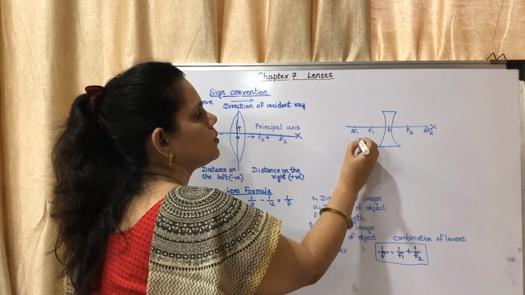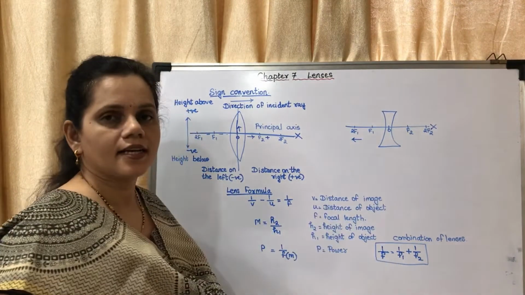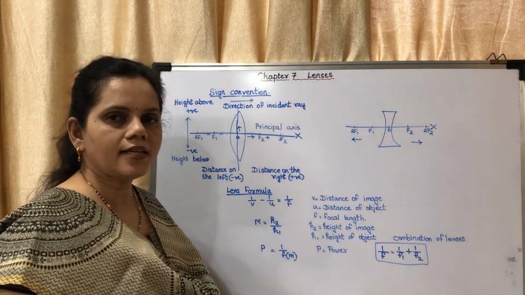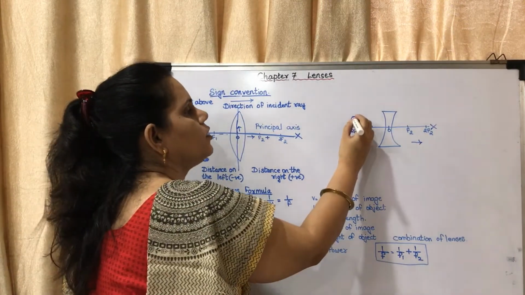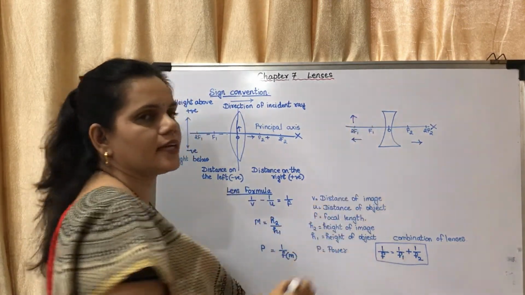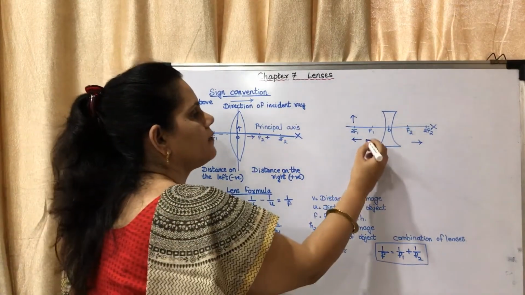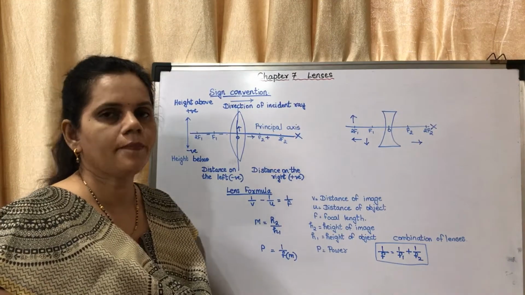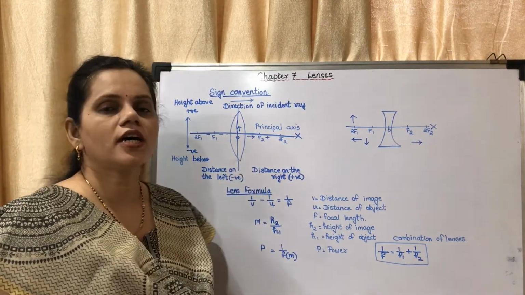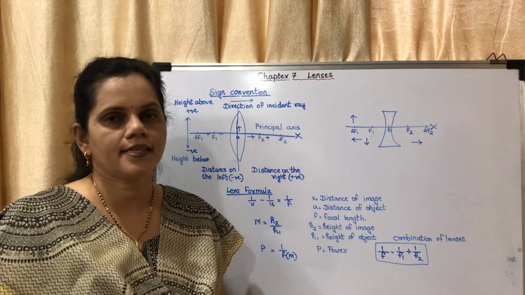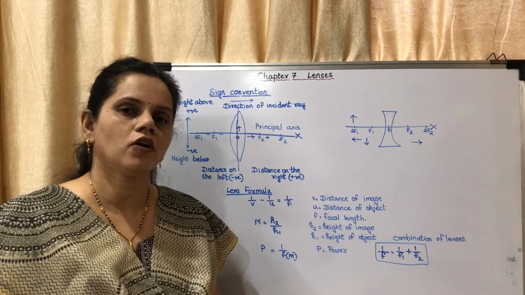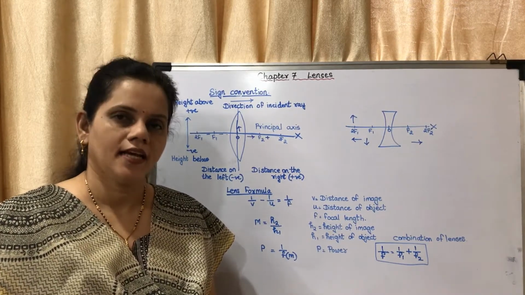The values towards the left are taken as negative. The values towards the right are taken as positive. The value upwards is taken as positive, and values downwards will be taken as negative. Now the next is the focal length of convex lens is taken as positive, and the focal length of concave lens is taken as negative.